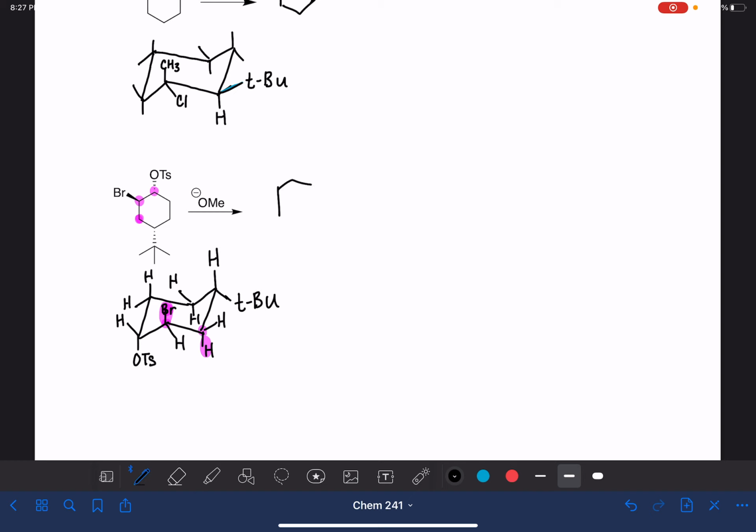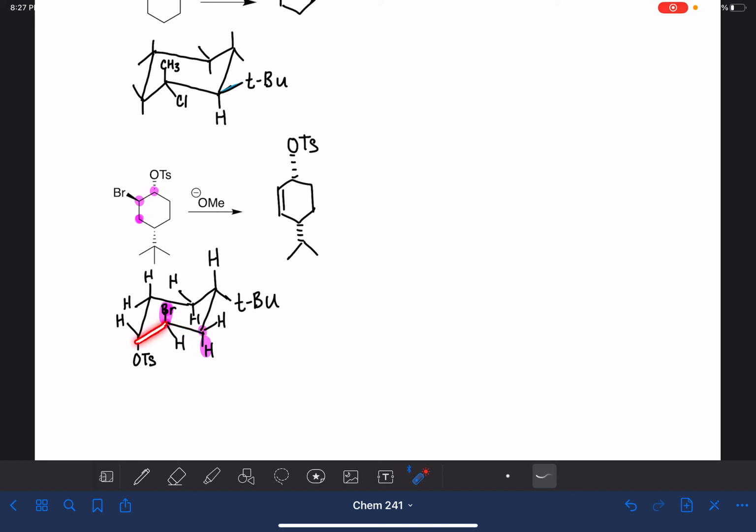So let's go ahead and draw that product. Maybe the hardest part is looking at that chair conformation and then knowing how to turn it into a line structure. But I'm just using benchmarks, like if I'm doing my elimination right here, it's between the tert-butyl and the OTS groups right there, not on one of those carbons. Okay, so for bromine, this is the only option that we get if bromine is our leaving group.